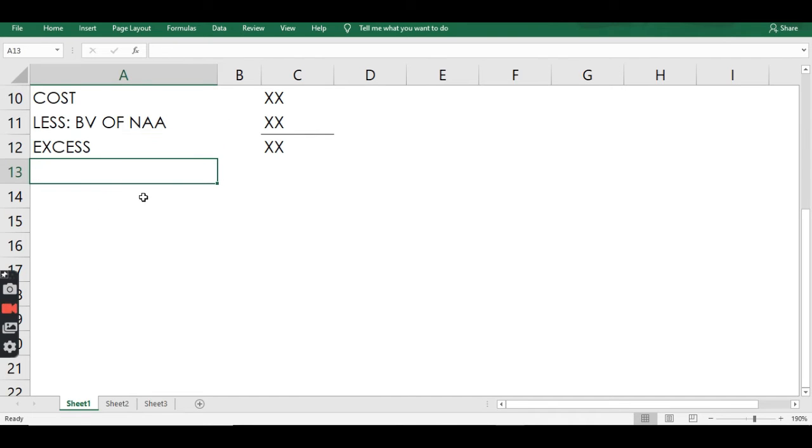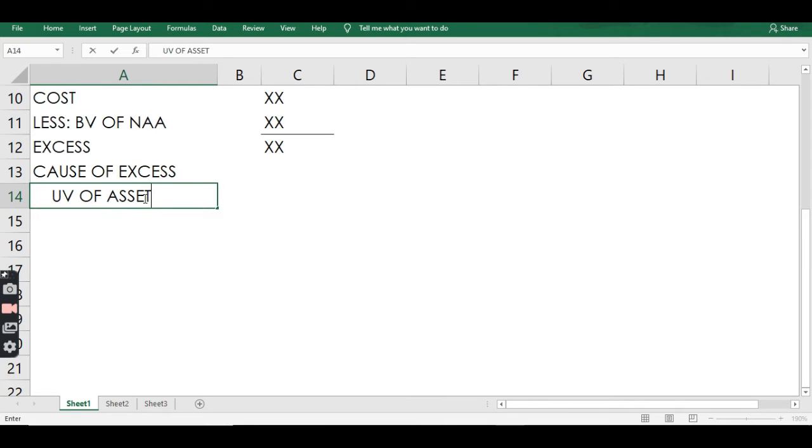Sumobra. Okay? Kapag may excess, ang gagawin mo, i-determine mo muna kung ano yung cost of excess. Kapag yung cost ng excess ay, kunyari, undervaluation, UV na lang. Undervaluation of asset. Okay? Ang gagawin mo doon, ibabawas mo.